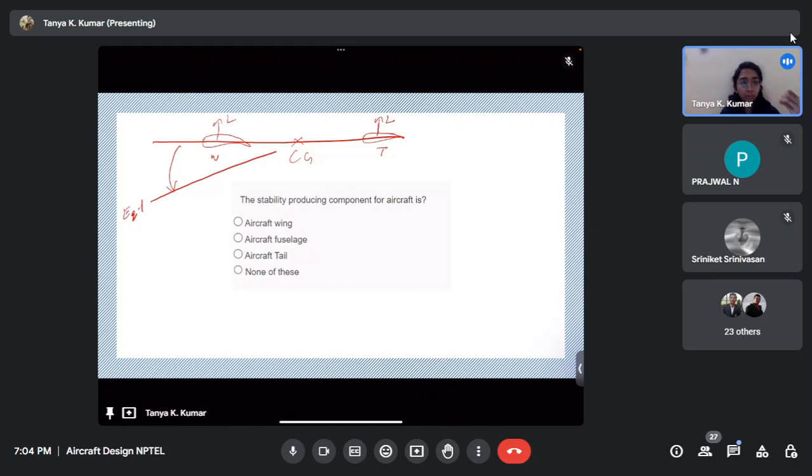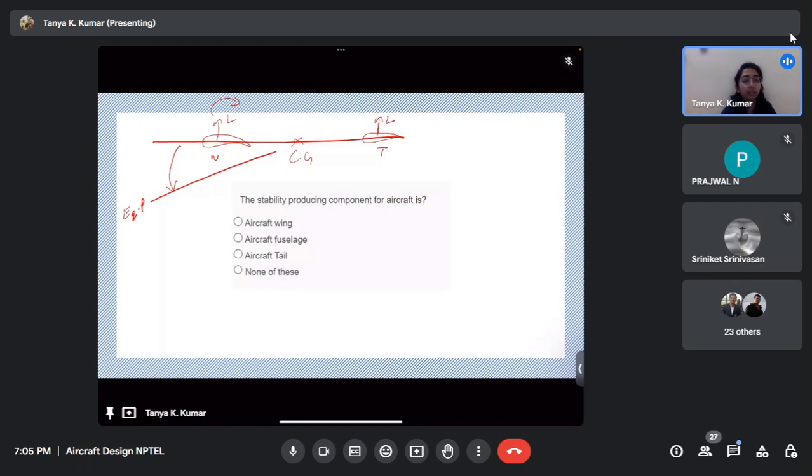So does the moment produced by the wing bring the aircraft back to equilibrium? No. It produces a moment that is further deviating from the equilibrium point, in the opposite direction.